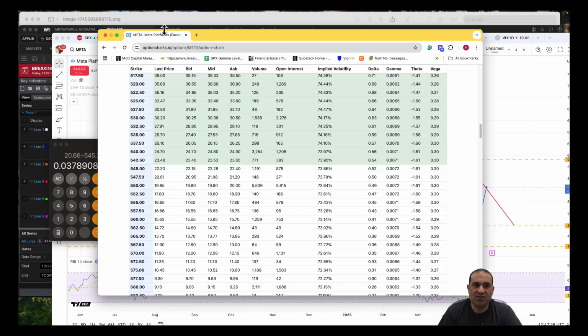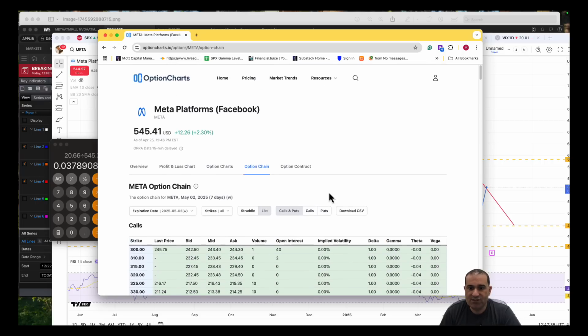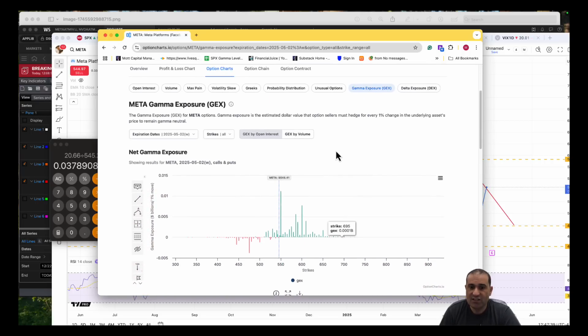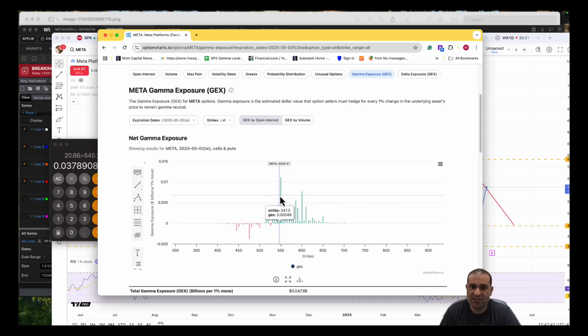Now, the thing is that this IV will continue to go up going into the event, making these calls and puts more and more expensive. So as the implied volatility goes up, these delta positionings will also begin to increase.